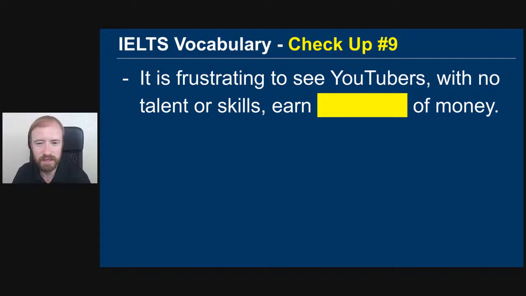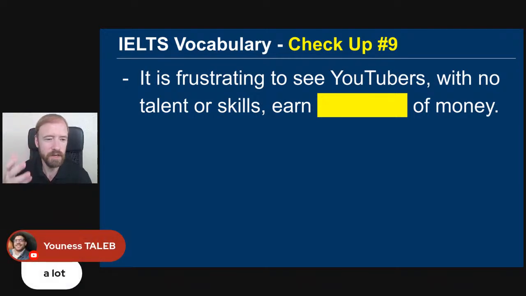It is frustrating to see YouTubers with no talent or skills earn blank. And here we go. We already see Eunice. You're gonna get your band 5, but because of everyone else who came early to the video, they're gonna get their band 7.